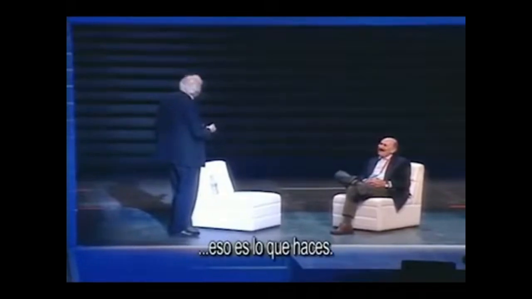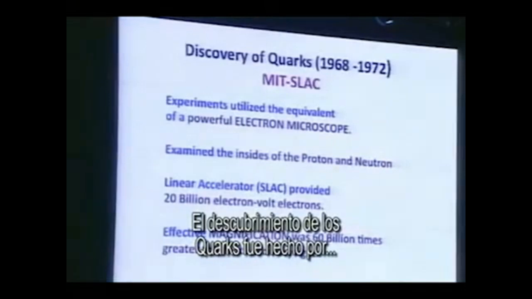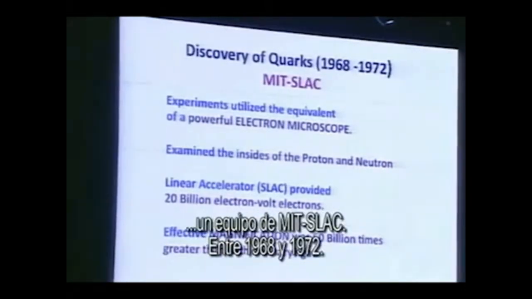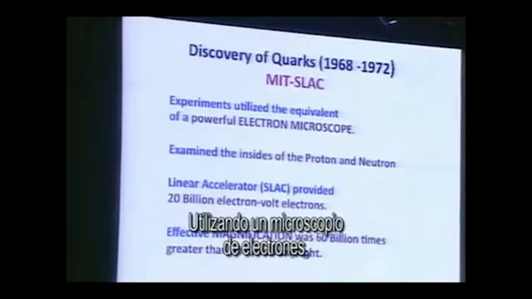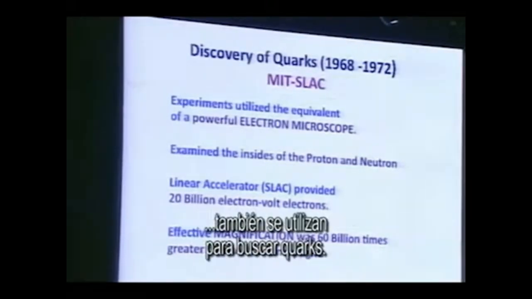So that's what you do. And so the discovery of quarks was done by an MIT Stanford Linear Accelerator group between 1968 and 72. They used a very, very powerful electron microscope. You use electron microscopes to look for viruses. You can use electron microscopes to look for quarks.